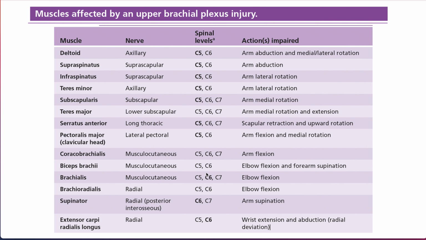Because of this injury to my upper plexus, we will not see these actions. So this has all been explained here. The muscles which are affected have lost their control, so we are missing these actions, and that explains everything we need to understand.